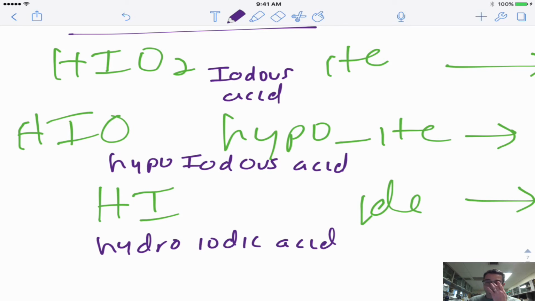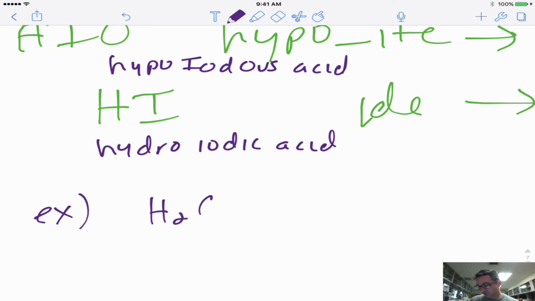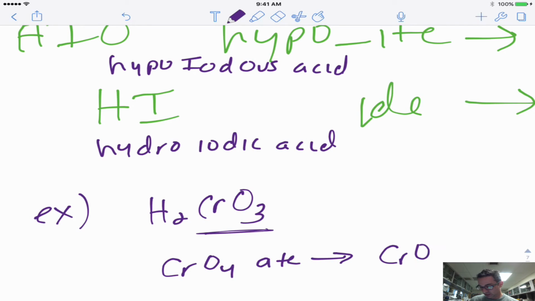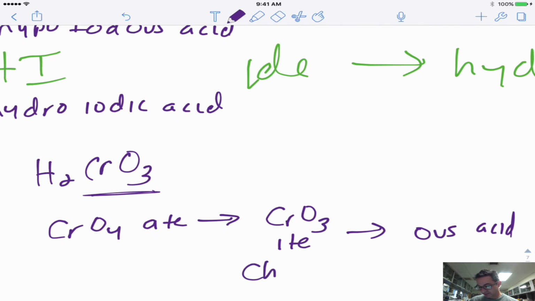So you have to be able to go both ways. You have to be able to go from the name to the formula and from the formula to the name. So for example, we could do a problem where we have H2CrO3. So first thing I do is I look at the ion and I figure out what it's called. I know that CrO4 is ate. 1 less oxygen, CrO3 is ite. Ite becomes ous acid. So this becomes chromous acid.